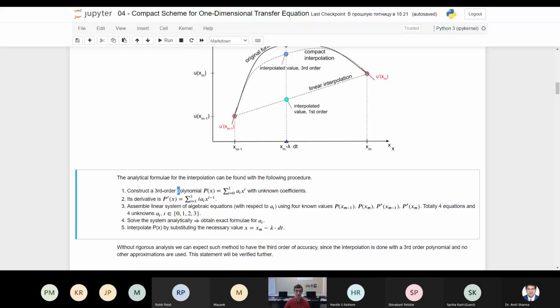And then when we have the polynomial defined by these coefficients, we can calculate its value at any point inside this subdomain, just substituting this point into this formula.